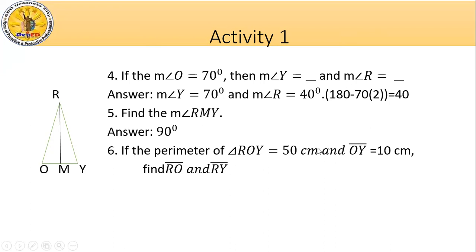So 50 minus 10, which is the base, is 40. So 40 divided by 2 is equal to 20. So line segment RO is equal to 20 and line segment RY is also equal to 20. Okay?